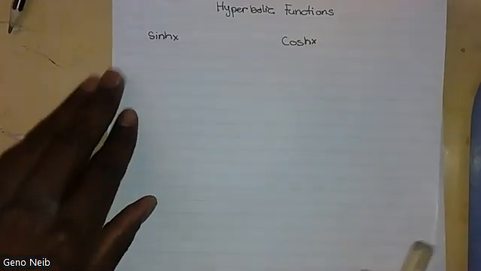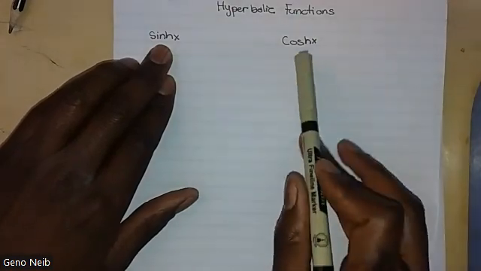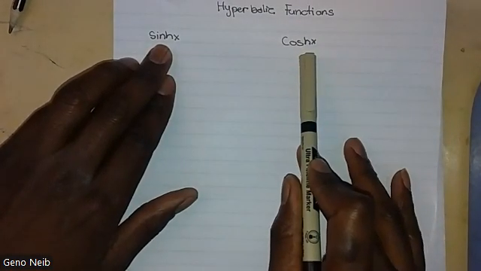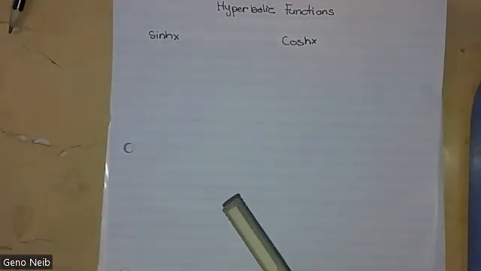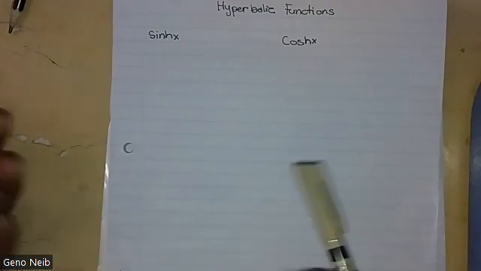So the foundation that I'm going to start with is the sine and the cos hyperbolic functions. For us to understand these functions, we have to know what they mean. These functions are defined in terms of exponentials of e.